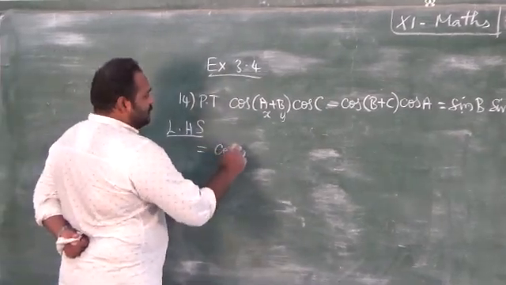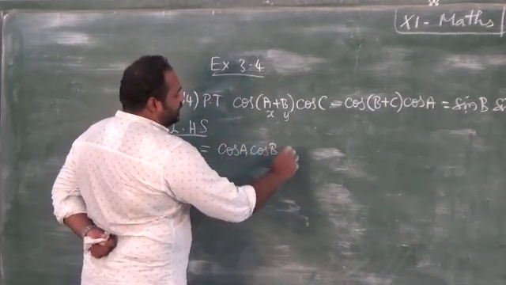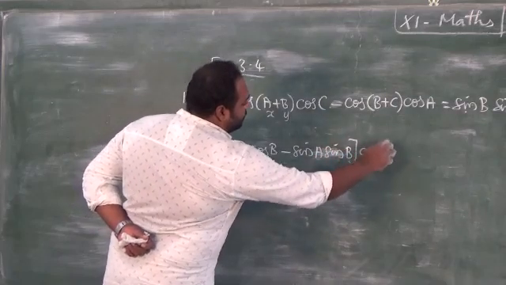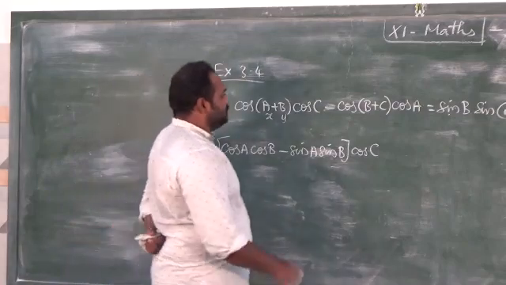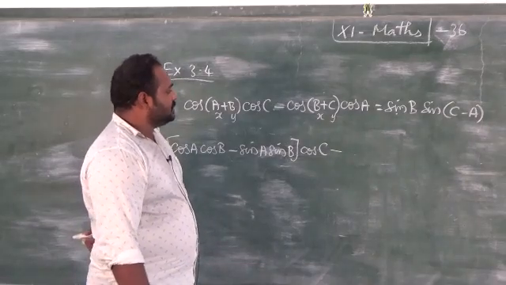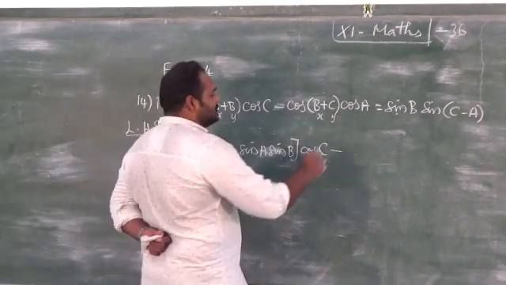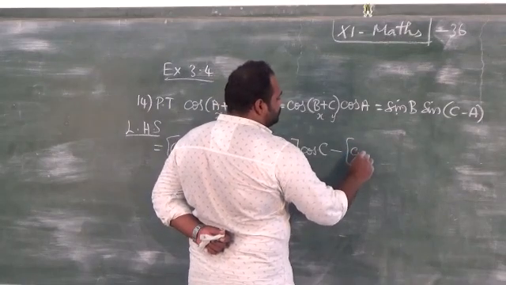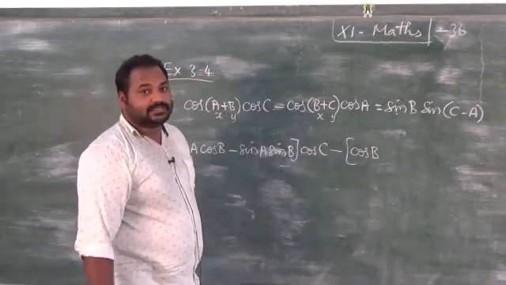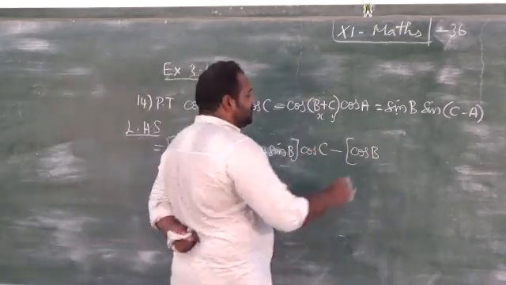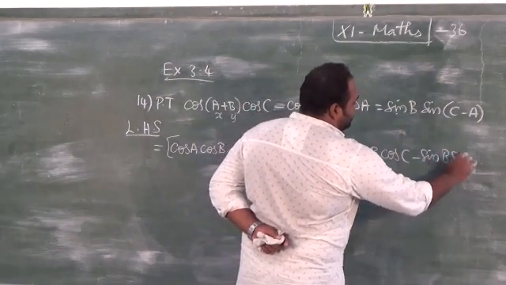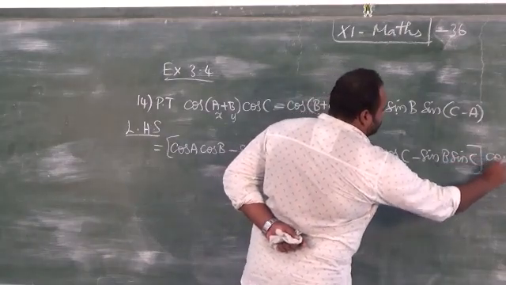So cos A cos B minus sin A sin B, multiplied by cos C, the whole bracket, minus, with B as x and C as y, cos B cos C minus sin B sin C into cos A.